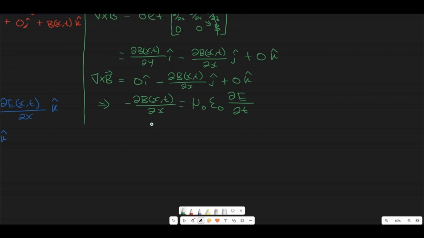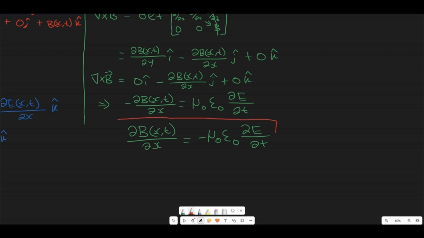I'm going to take this minus to the other side, so we get partial B of x,t by partial x is equal to minus mu naught epsilon naught partial E by partial t. At this point we can box this and call this equation 2.